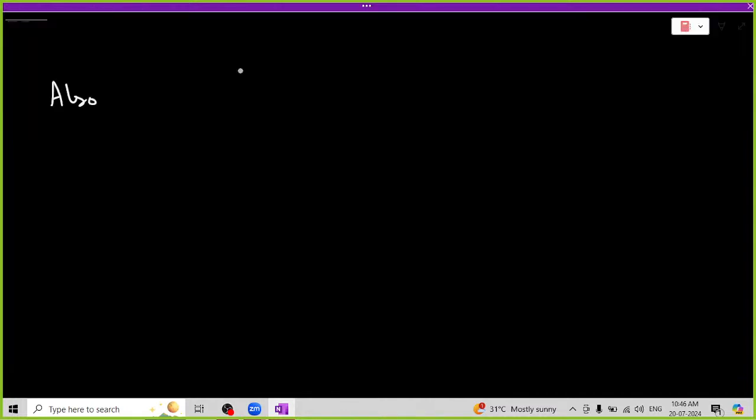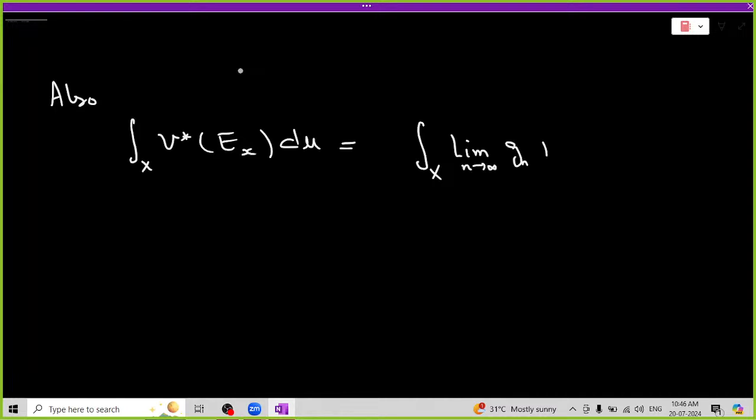Also, now that it is mu integrable, so I can integrate it. Integral over x nu star E sub x. अभी आप देख रहे थे, this nu star E sub x is actually limit of gn. So this is integral over x limit n goes to infinity gn d mu, right? And by Levy's theorem ये लिमिट को बाहर निकाला जा सकता है.